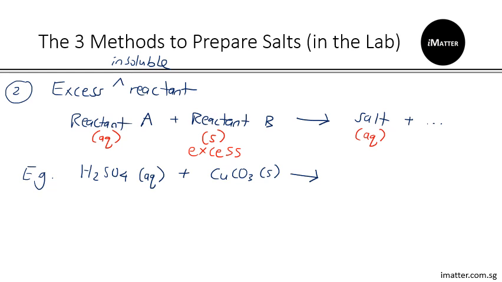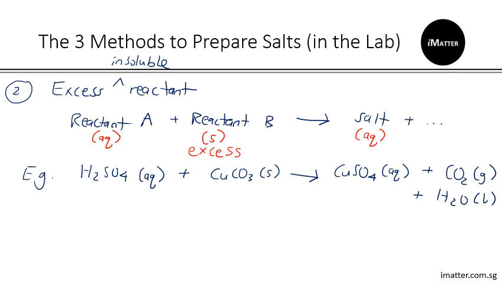Now again, this is an acid metal carbonate reaction, so you will get a salt, and in this case your salt is copper sulfate. Now if you remember your rules again, you should know that this is a soluble salt, so I put aqueous here, and you get CO2, a gas, and water, a liquid.